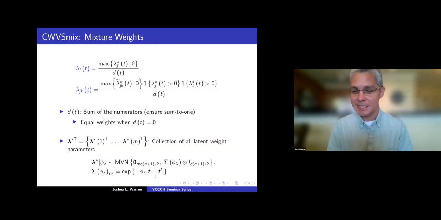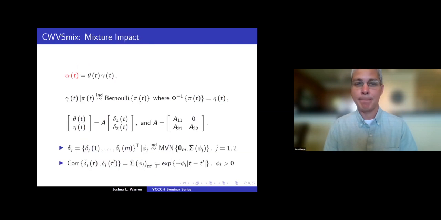So correlation dies out as exposure time gets further apart. As they get closer together, this correlation is going to be higher. And the main parameter that controls this level of correlation is this phi parameter. We actually put prior distributions on this to allow the data to drive the inference rather than our view of what we expect this smoothness to look like. So this is data-driven smoothness across exposure time.